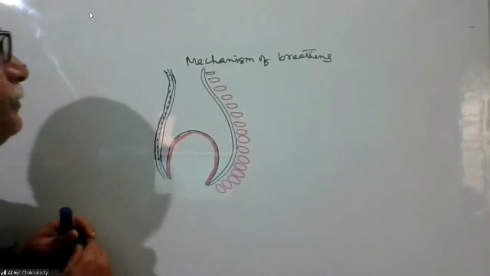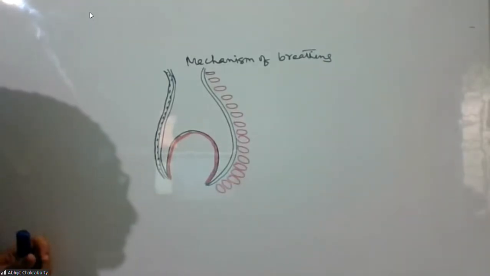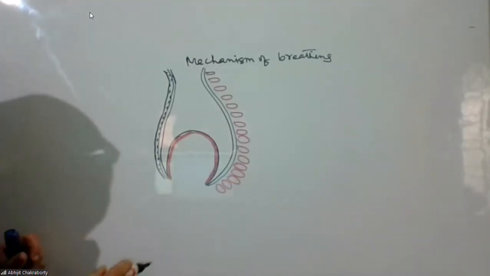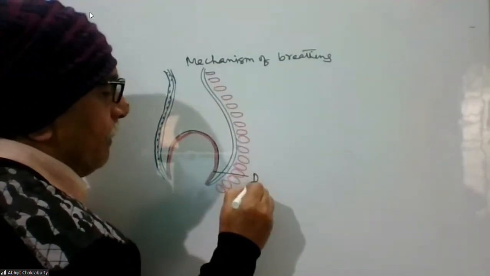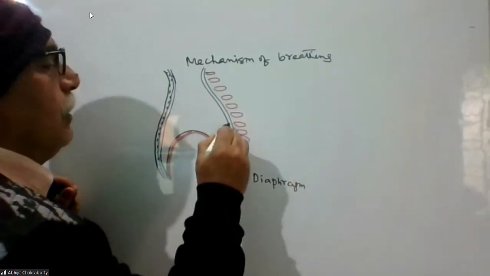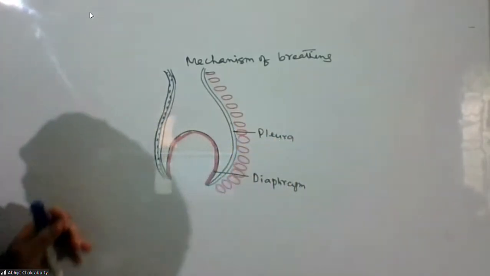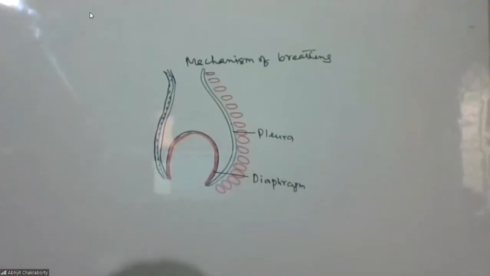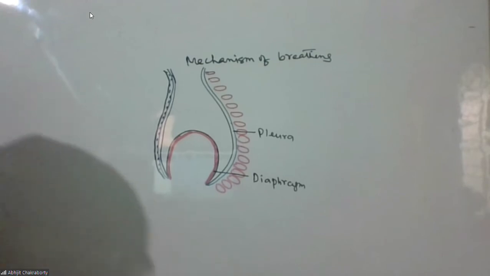Okay, now, these are the normal volume of lungs. You see the dome-shaped diaphragm is there. You will get the pleura here on one side, and obviously the ribs on the other side. Here we will get the ribs.